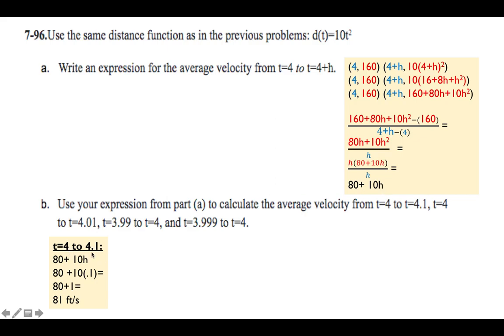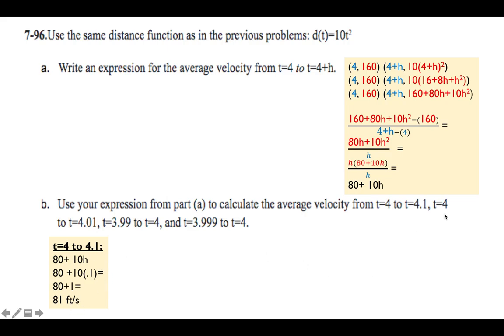And 4.1 minus 4 means our h is just 0.1. How we're moving horizontally is just 0.1. 10 times 0.1 is just 1. So the average velocity of the car from 4 to 4.1 seconds is 81 feet per second. Notice I didn't have to create 2 points and then do all that h stuff like in video 1. I now have an easier equation to use.